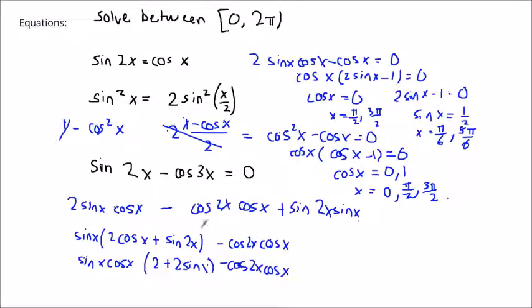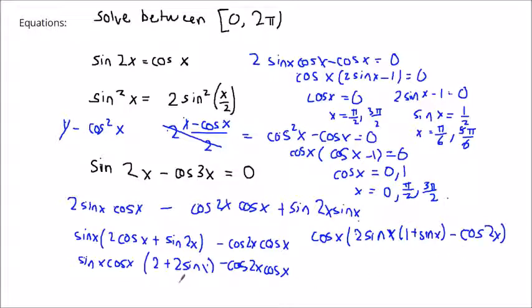Now we have our cosine x, we can bring that all the way out. We'll have cosine x times 2 sine x, 1 plus sine x, minus cosine 2x. And now it's a lot clearer.